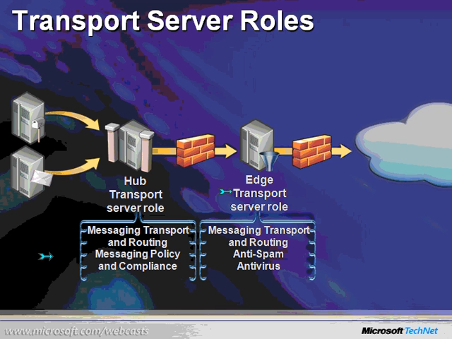Because it's going to accept email coming in from the internet, and it's going to route it and deliver it internally to the hub transport server role. It's going to look up recipient information if you've turned on all of the edge sync stuff and configured every aspect of the edge transport. Well, then it's going to do a look at the transporting and the routing and make sure that it gets sent on internally appropriately.